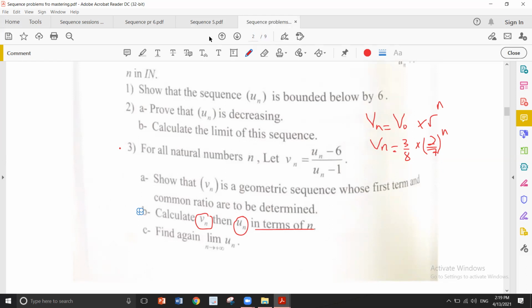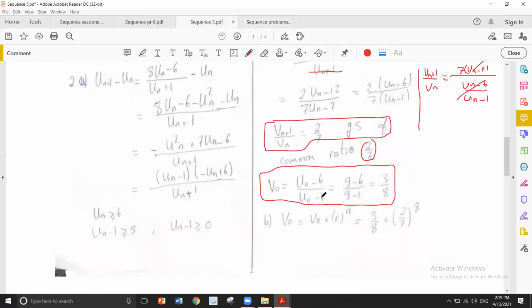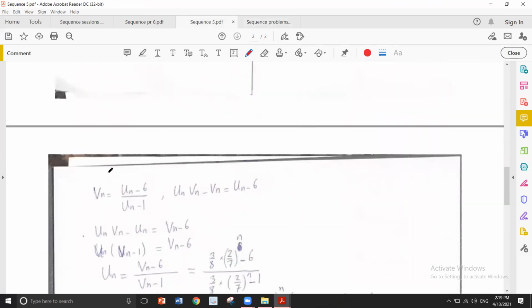And we use this rule. Cross multiplication: UnVn minus Vn equals Un minus 6.